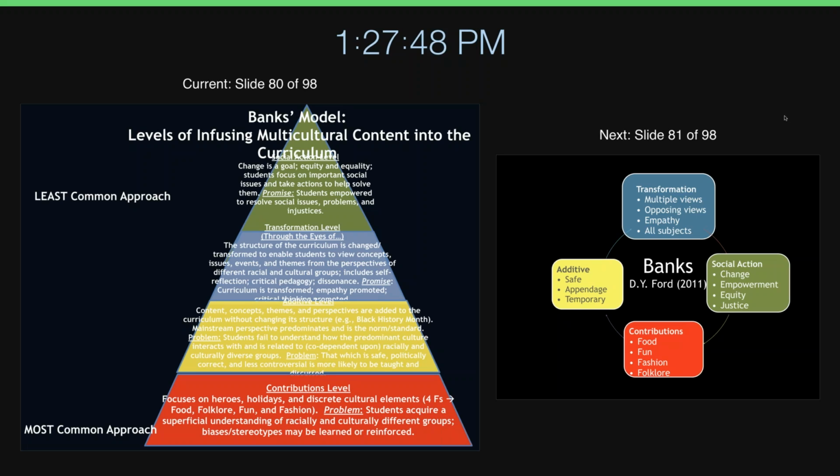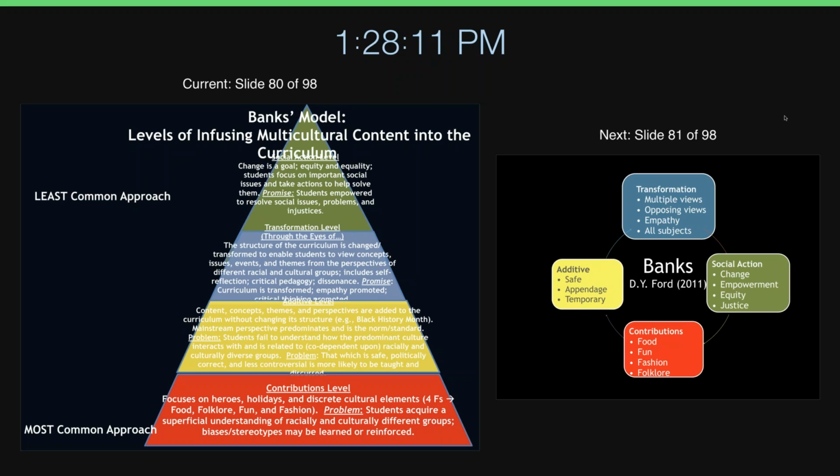And unfortunately, and I do mean unfortunately, it is the most common approach, and it is called the contributions level. So again, I want to emphasize we're now going beyond what the problems are and the rationale for needing this, to here's how to do it.